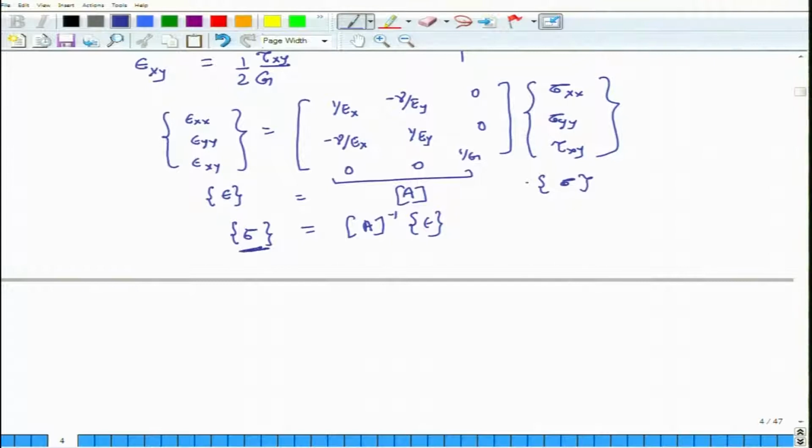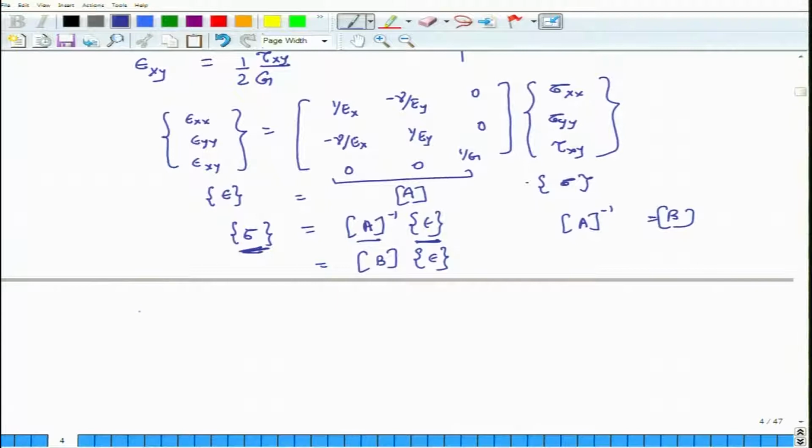So, this is the strain tensor, this is the stress tensor, and this is a matrix which connects stress and strain tensors. Okay. And let us call this A inverse as B, then this is equal to B times epsilon.